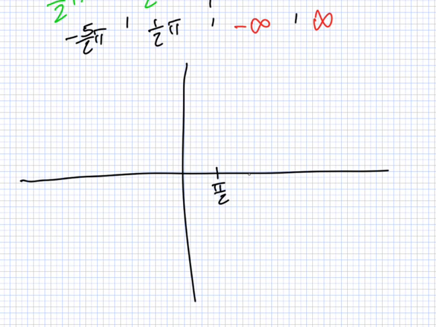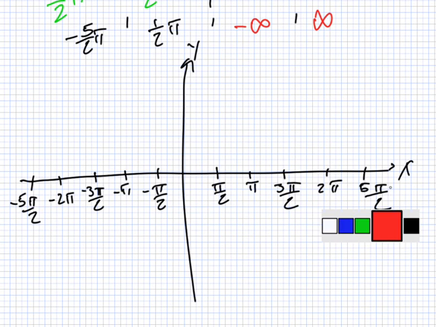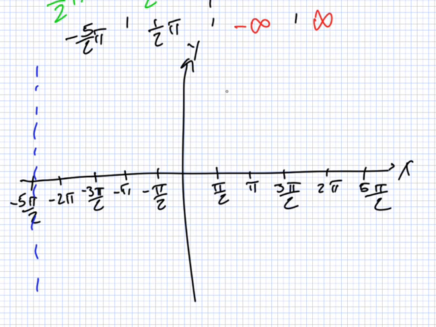Pi over 2, pi, 3 pi over 2, 2 pi, etc. Minus pi over 2, minus pi, minus 3 pi over 2, minus 2 pi, etc. Oh, I need 5 pi over 2, so I better go to the next one. 5 pi over 2 and minus 5 pi over 2. So start at minus 5 pi over 2, end at pi over 2.